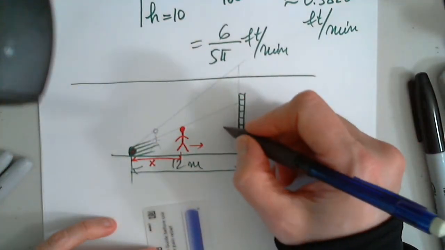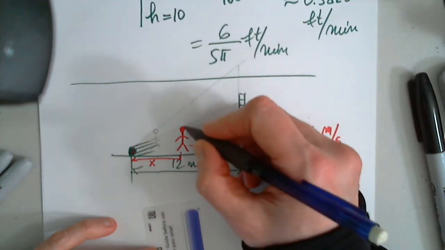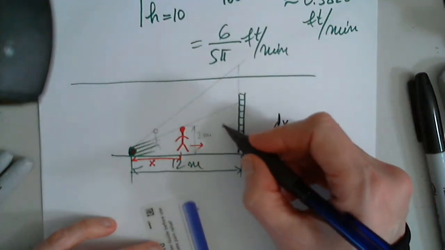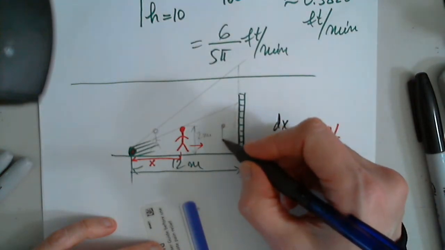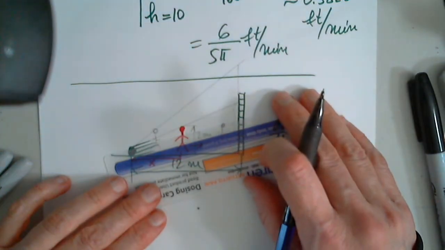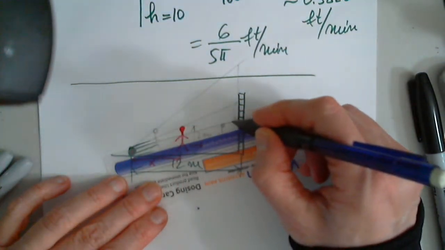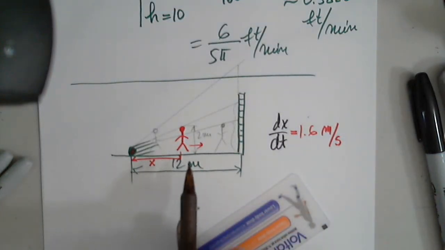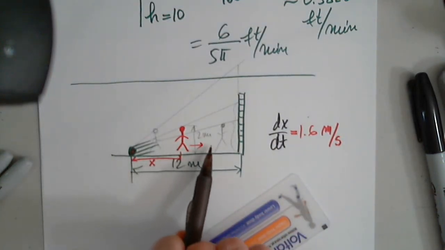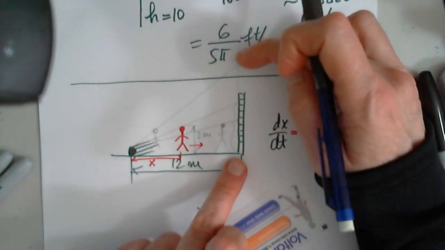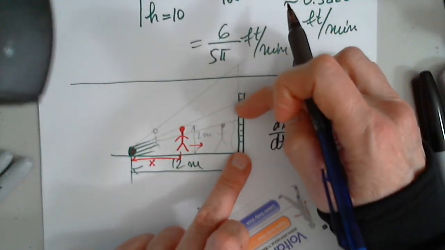When he is here, still 2 meters, I forgot to mention that. He's 2 meters tall. So when he's here, look at the shadow on the wall. So it's very clear that the closer he gets to the wall, the shadow is decreasing. The length of the shadow is decreasing.